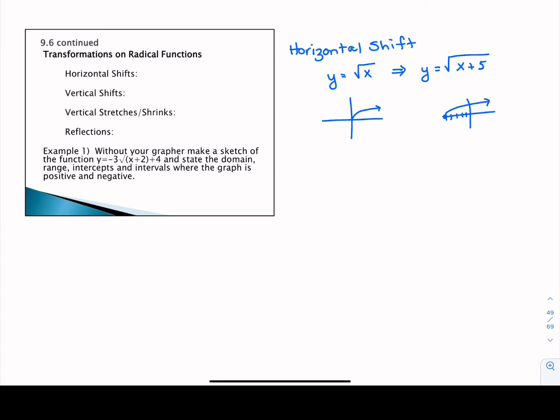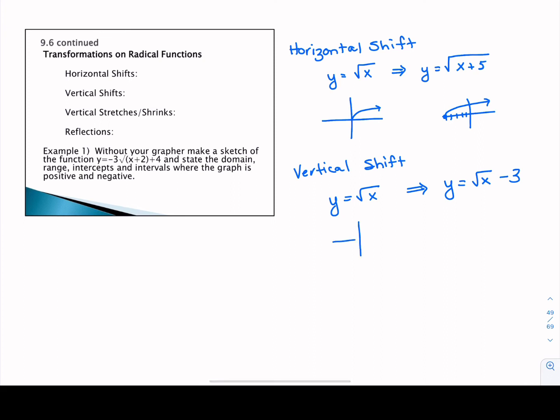of this module. If you have a vertical shift instead, so we know that vertical shifts move up or down. An example of this might be y equals the square root of x becoming or being transformed as y equals the square root of x. Now we close that radical, and then maybe we have something like minus 3. So remember, when you add or subtract a constant from the end of your function, so after that root, after that radical, or after that bracket, that's going to cause a vertical change.